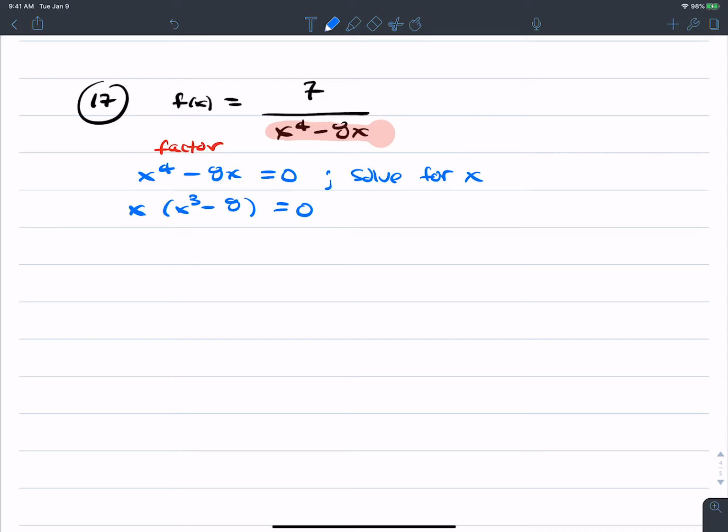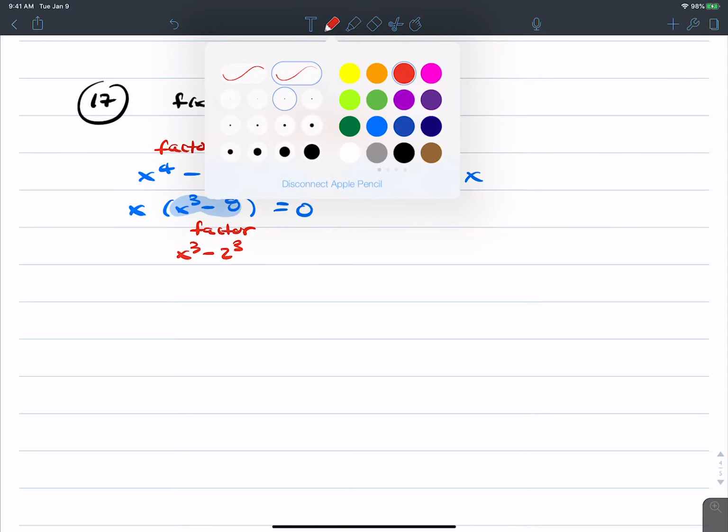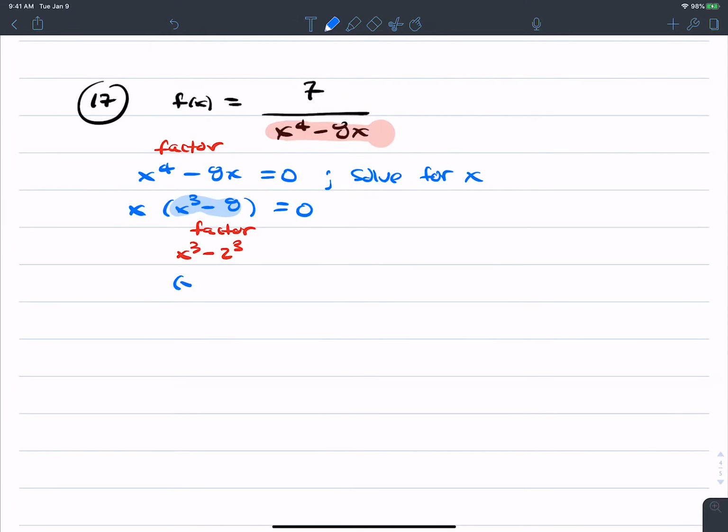So the first term is our greatest common factor. Now the second term here, we're going to have to factor. If you notice here, factoring x cubed minus 8, that's x cubed minus 2 cubed. We have a difference of perfect cubes again. This could be factored as the following: x and 2, x squared, 2x, 2 squared.